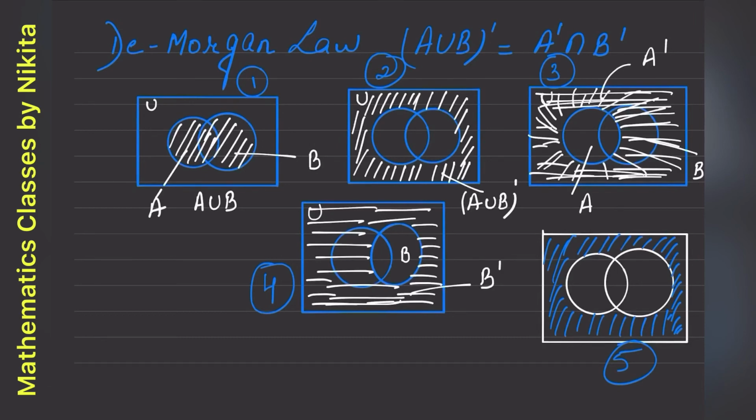So therefore De Morgan's law is satisfied. So we can see that figure 2 is same as figure 5. So this is how you can visualize the properties through Venn diagrams, and these are also the proofs. You can just find the shaded region of the left hand side and right hand side, and if the two shaded regions come out equal, that means the property holds.